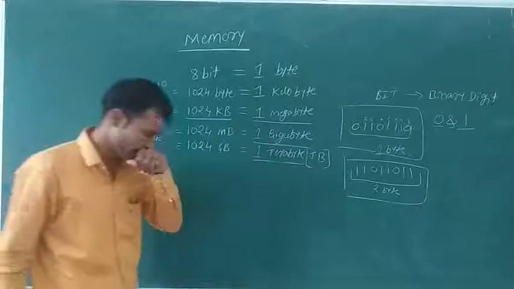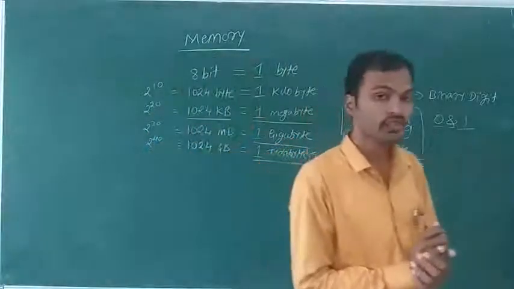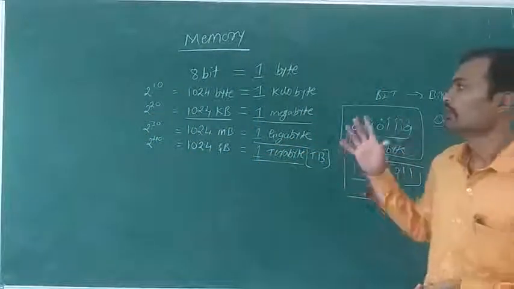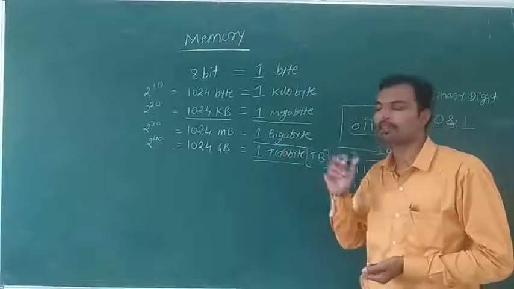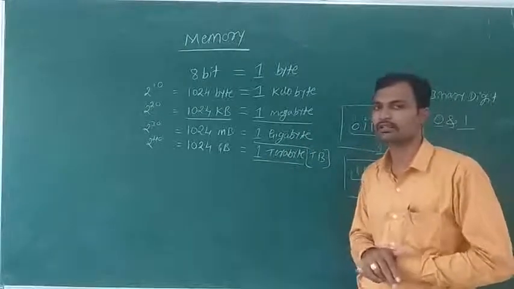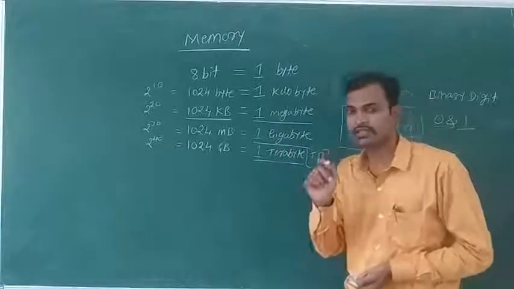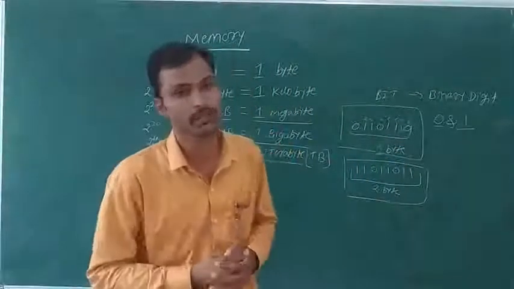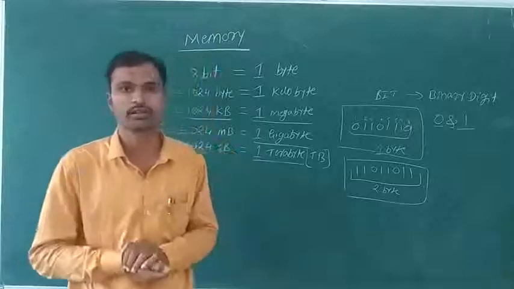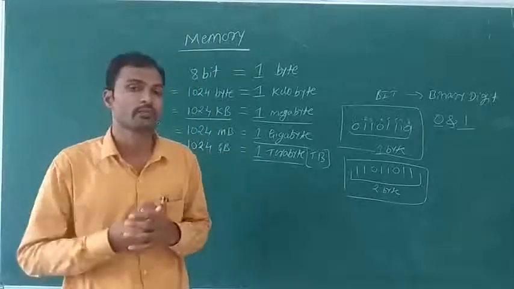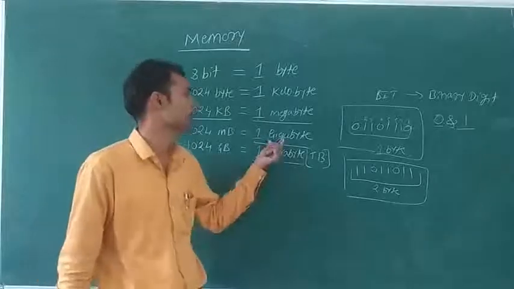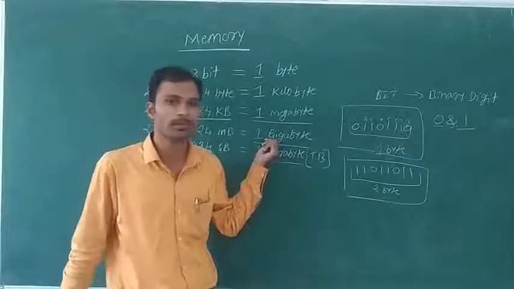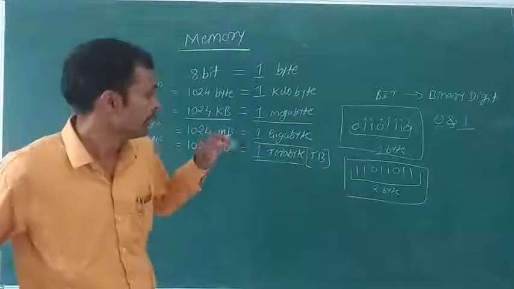Got it? So now see, if your mobile has 1 GB internal memory, or if you have a memory card that you insert in your mobile, suppose a 1 GB memory card.